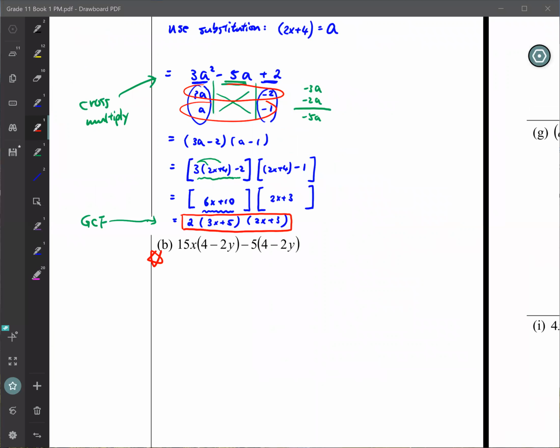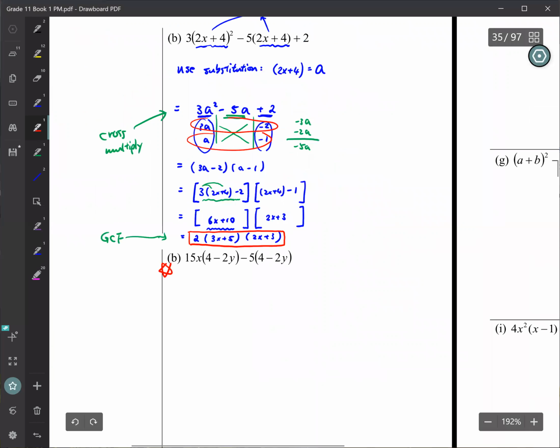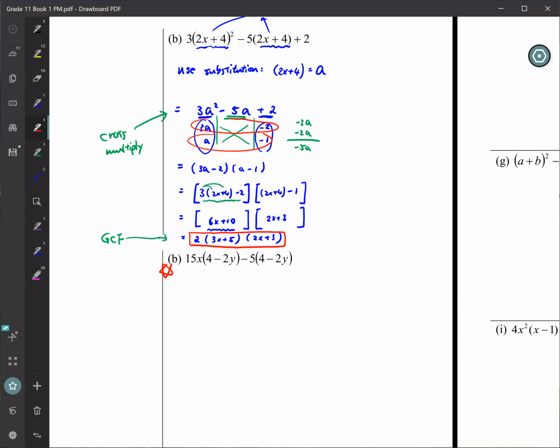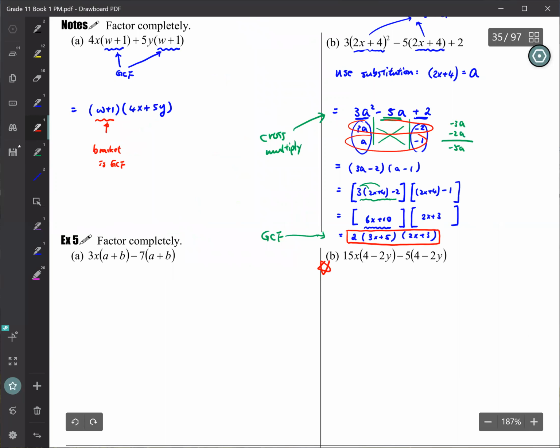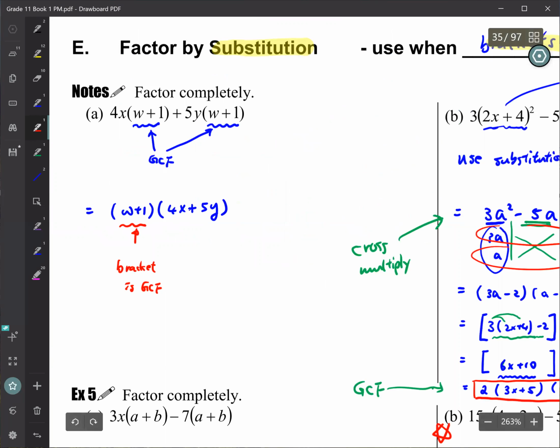Angela, what do you think? Do we need substitution? No. Why not? Because they have the same things in the brackets. Yes, very good. So this one is similar to the top one, right? When the brackets are GCF, you just take it out. You don't need substitution.